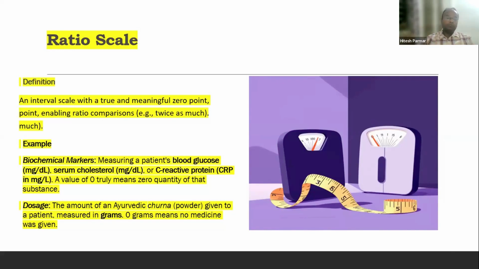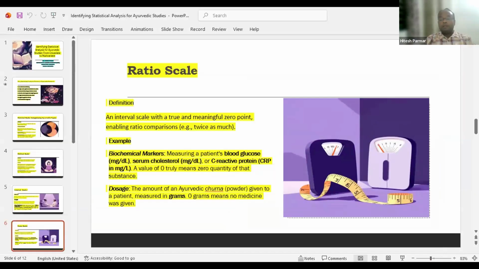So we understood four scales of measurement: nominal, ordinal, interval, and ratio. Now whenever you are collecting any type of data, your first question should be: what scale of data am I dealing with?